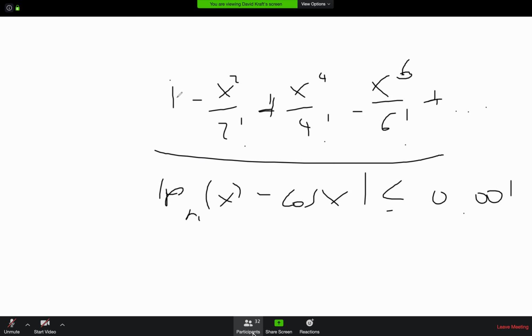This is 1 at its biggest. When I do whatever I'm going to do with this, I have to subtract 1 from it. 1 minus 1 is 0.